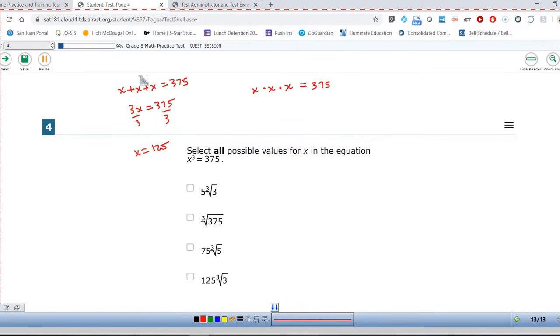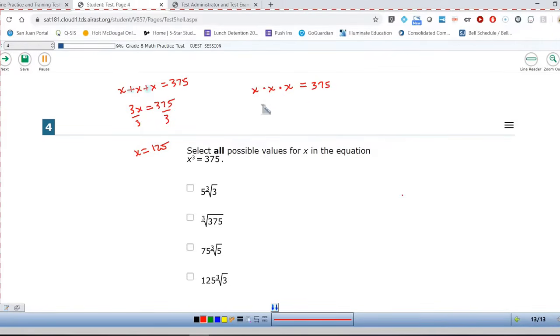But notice, that's if you're adding. Do you agree that 125 times 125 times 125 is not going to be 375? That would be way too big over here, right? Or 375 would be way too small.